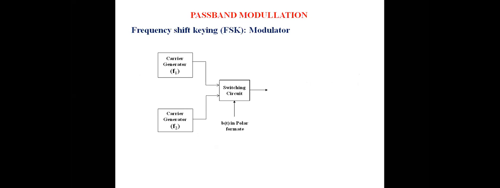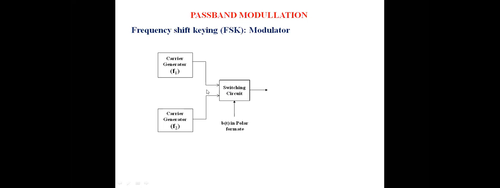In that we are going to use two separate carrier generators, the carrier oscillators. Here we have two carrier generators with the frequencies F1 and F2, and we also have a switch circuit.